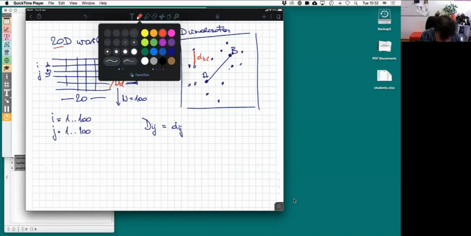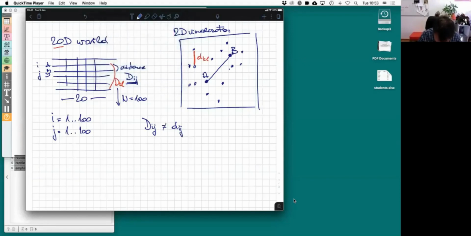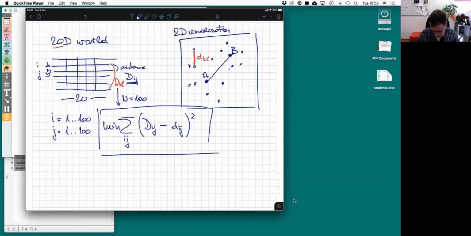So this is not possible, but maybe I can have an approximation. I don't care if the distances in the 20 dimensions and the distances in 2 dimensions really match, but I should go through all the possible pairs, and I would like to minimize the sum of all the differences between the distances.